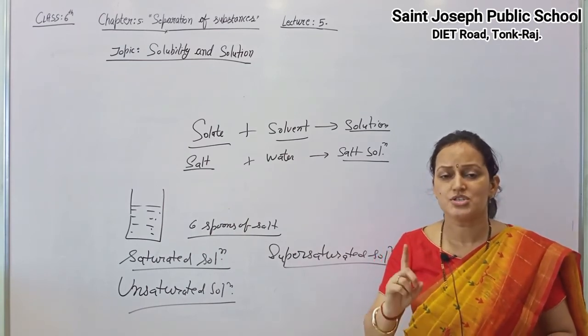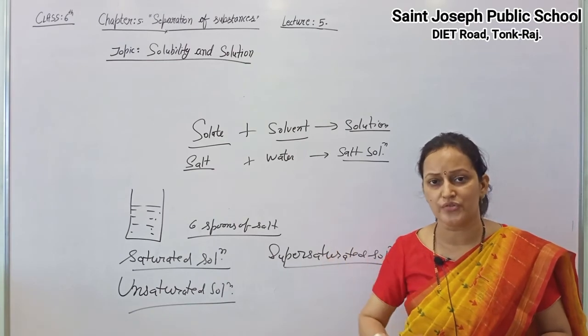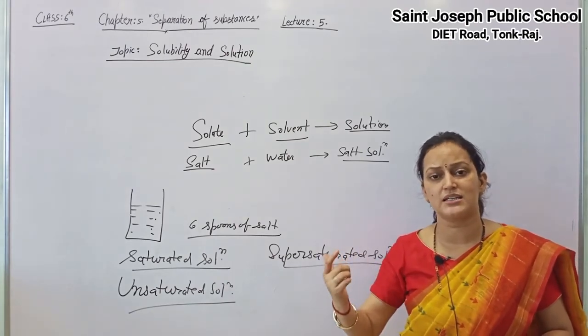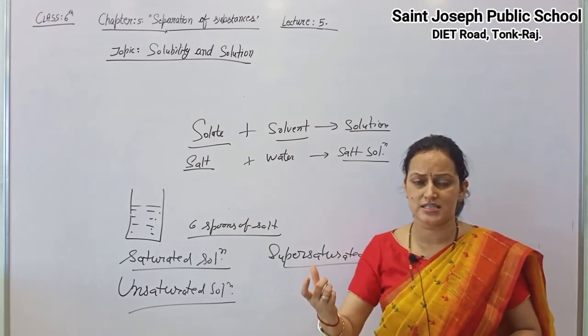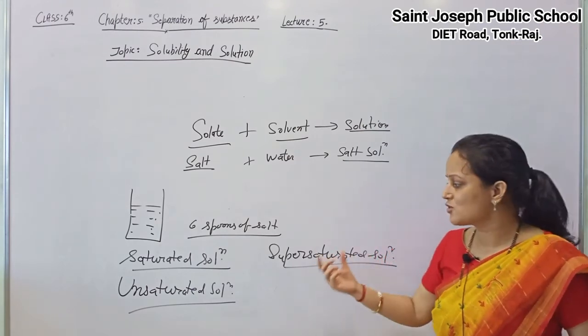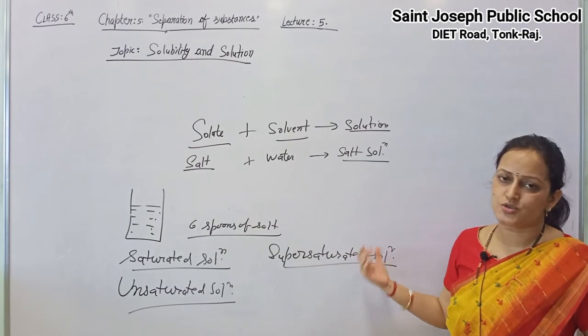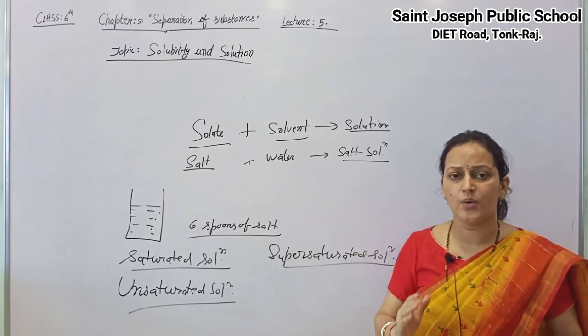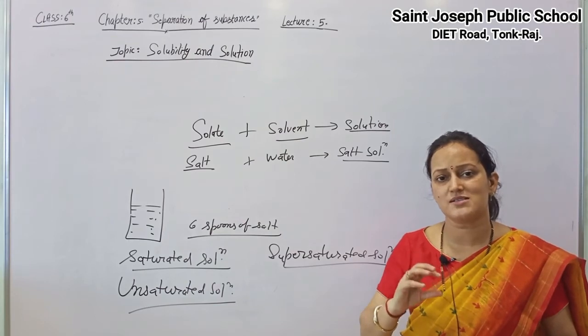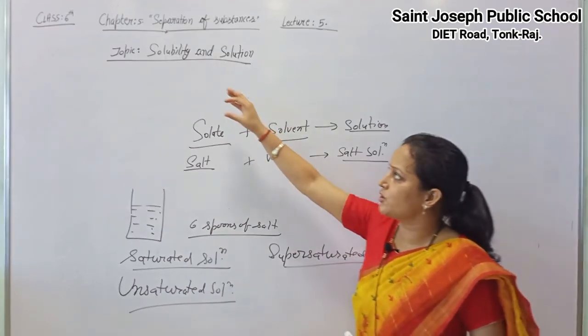But for doing so, she needs to warm up the water first. वो उस water को continuous क्या करते रहते हैं? Warm करते रहते हैं. So the sugar syrup, that is the example of supersaturated solution.